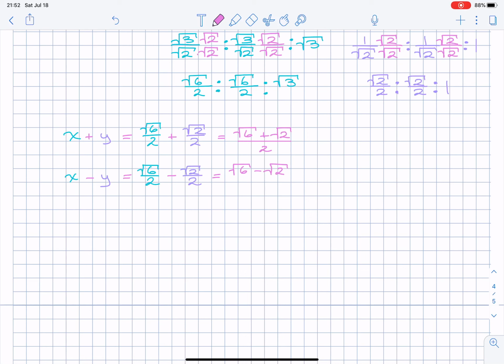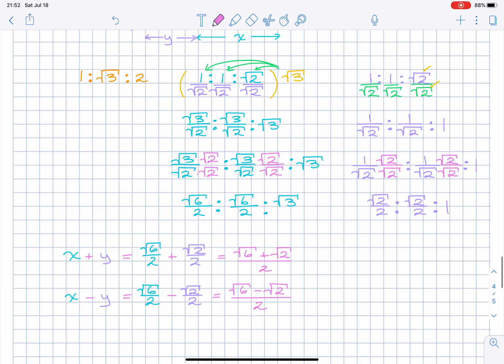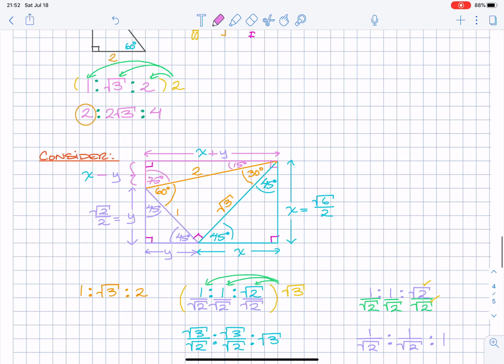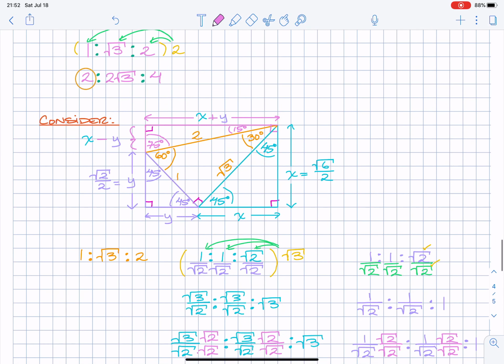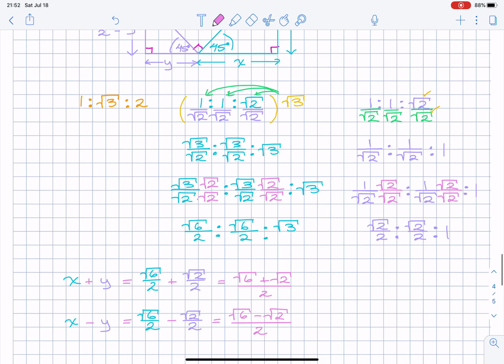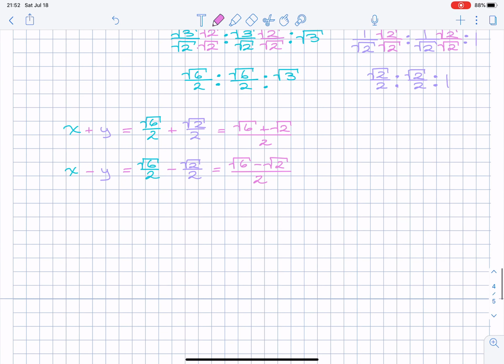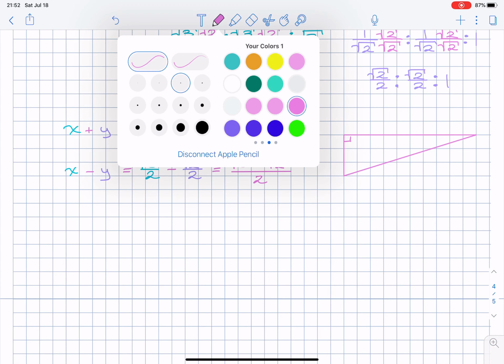Okay, so why did I do all of this? Okay, so I know x plus y and x minus y. Well, if I look at that smaller triangle, which was what? It was a 75. So let me draw the triangle. It was pink, right? That was that top triangle here. Here's our 90-degree angle. Let me write the angles in purple.